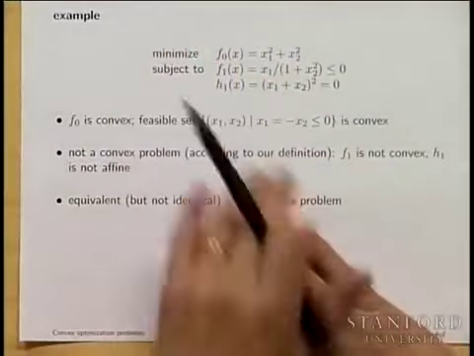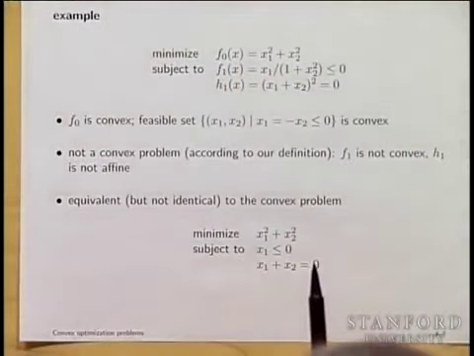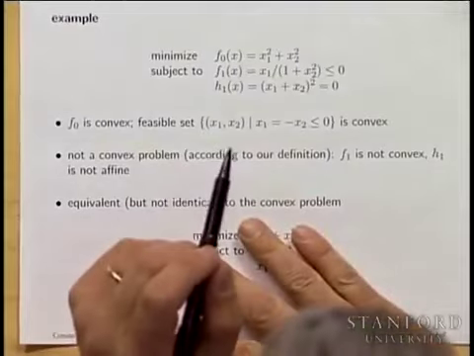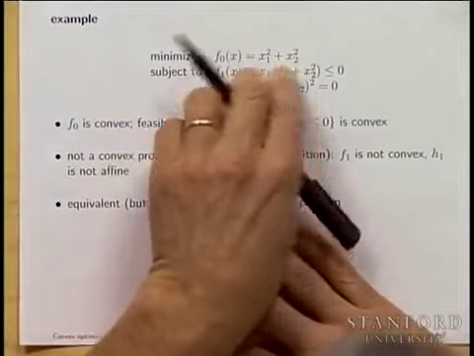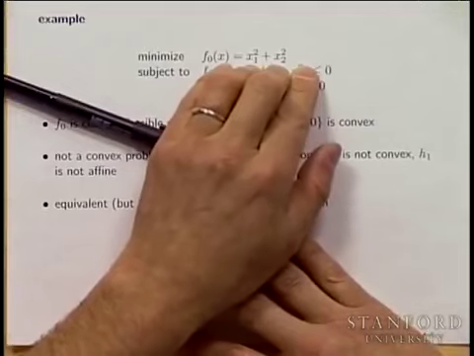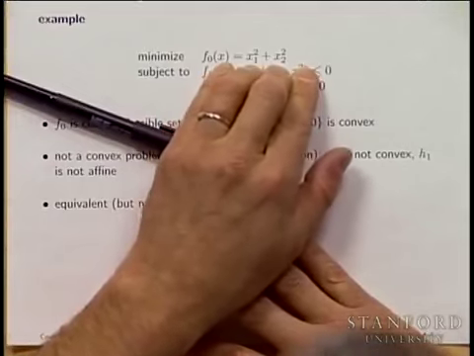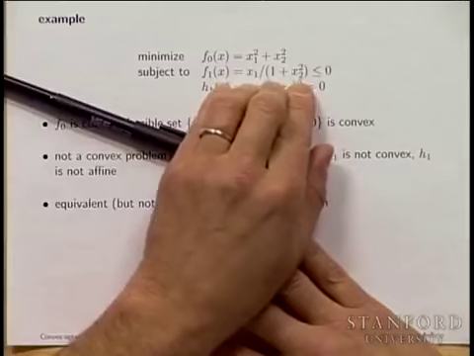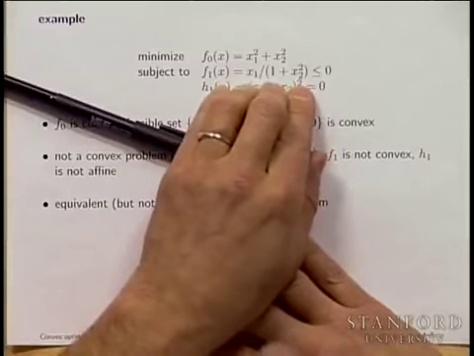Here's a simple example. Let's scan this problem for convexity and see what happens. Well, what do you think of the objective? The objective is okay because it's convex and you're to minimize it. So the objective is cool, and let's pass on to the first constraint. Well, we're already in trouble with the first constraint.